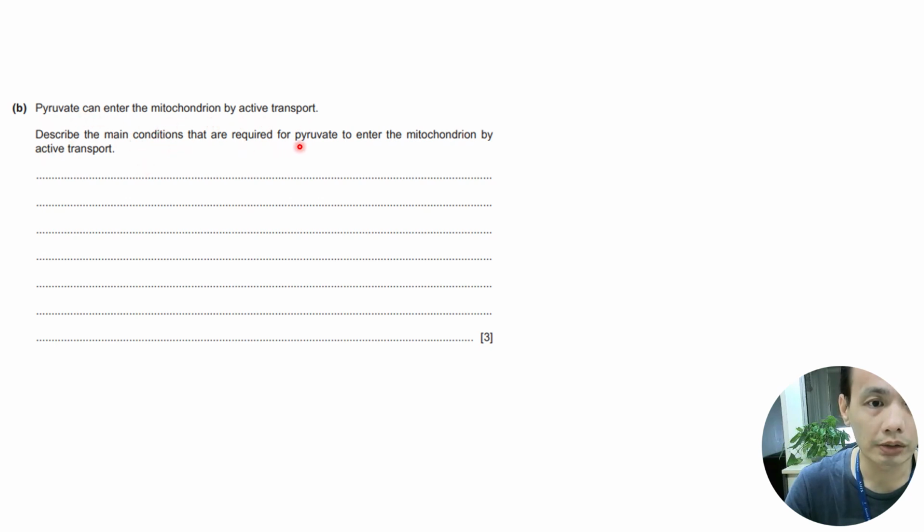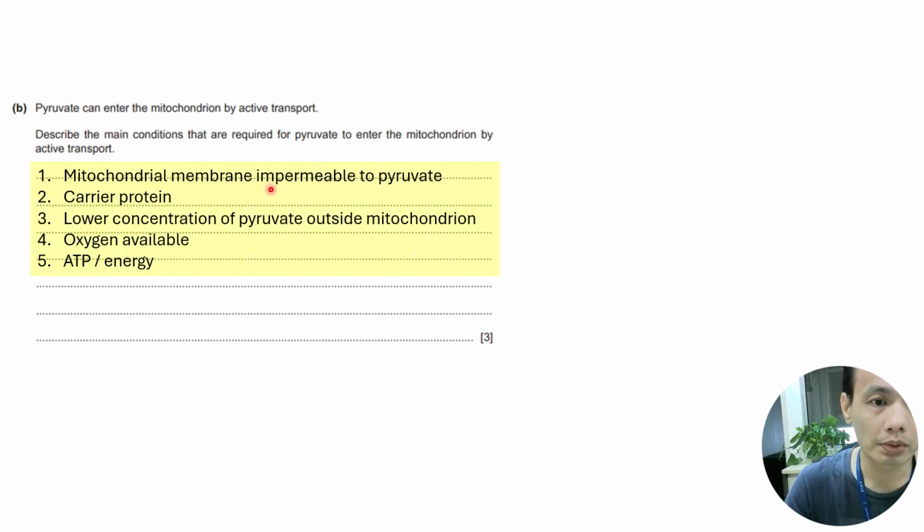Describe the main condition required for pyruvate to enter the mitochondria by active transport. So the mitochondrial membrane is impermeable to pyruvate. Pyruvate cannot penetrate through the membrane, so it needs a carrier protein. Of course, it is like answering active transport from low to high. Low concentration of pyruvate outside the mitochondria, oxygen is available in the cytoplasm, ATP is being used.